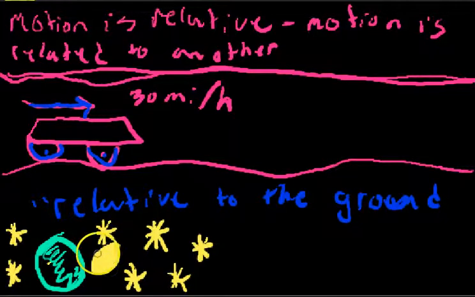So when you're not moving at all relative to the earth, but you want to talk in terms of motion, you say, well, I'm moving relative to the stars. And so then if you want to put a speed on that, you have to find out how fast the earth revolves and stuff like that. So that's pretty basic.